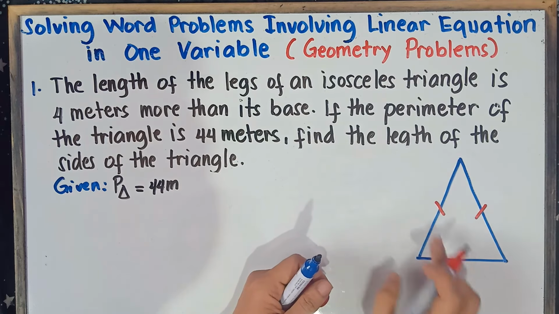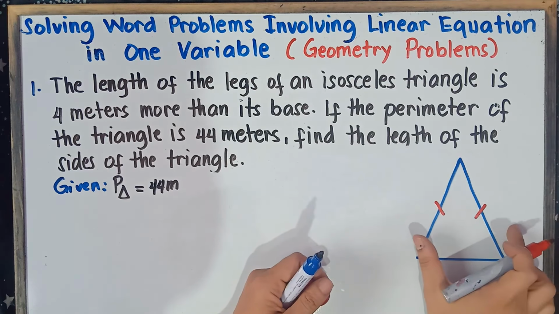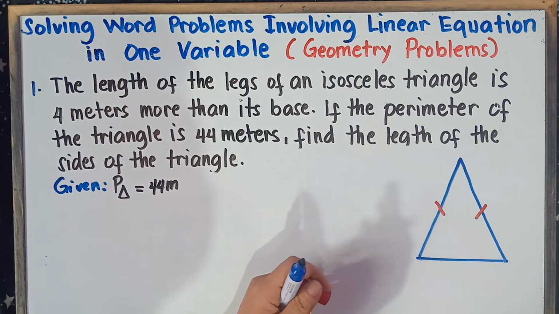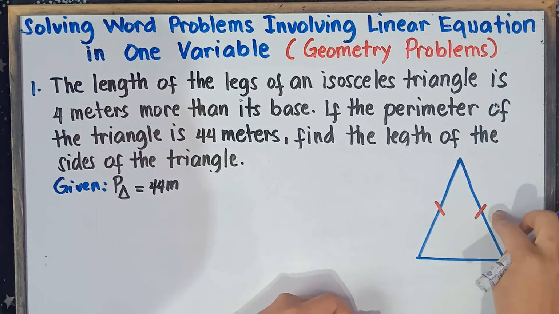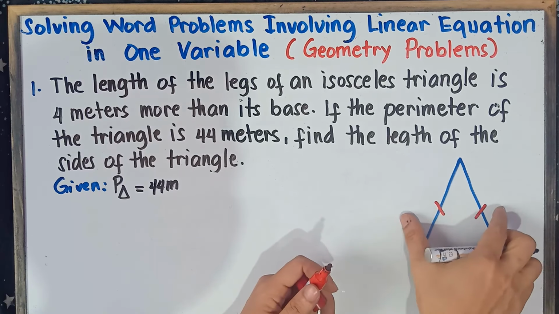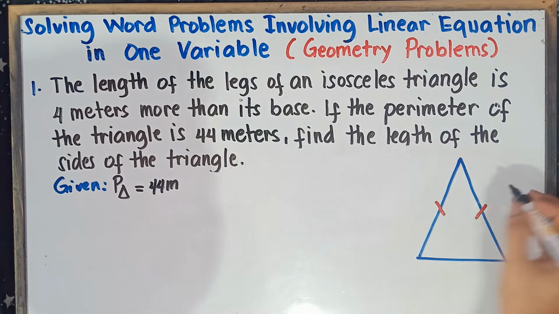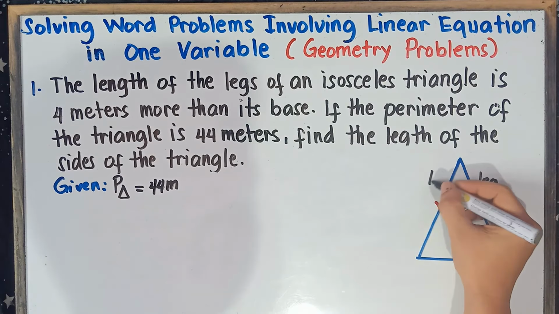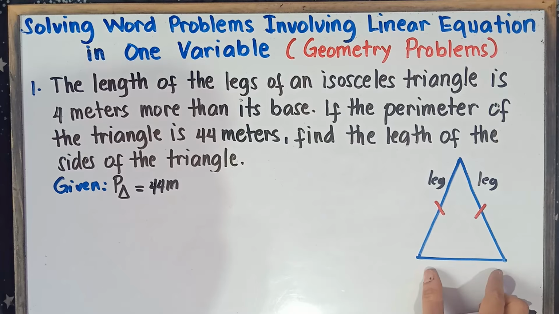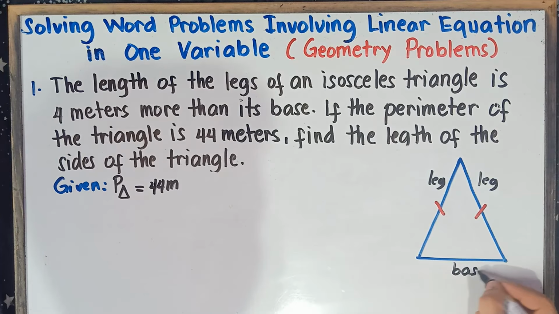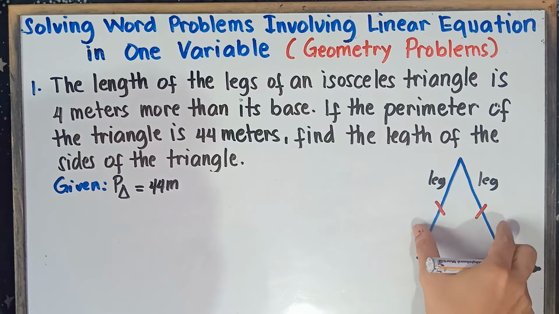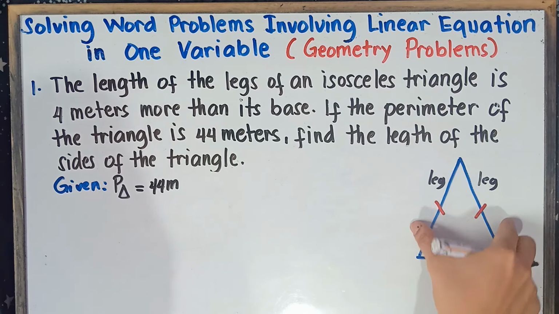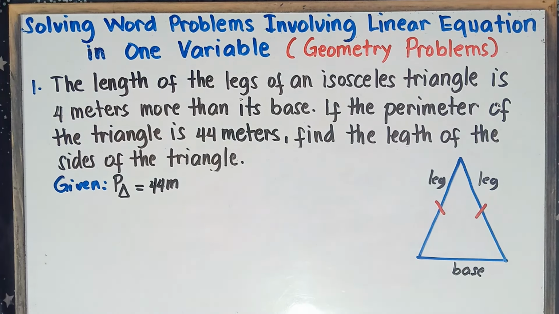These two sides are what we call the legs: this is our first leg and this is our second leg. On the bottom part, we call this the base. So these are the legs, and this will be the base.